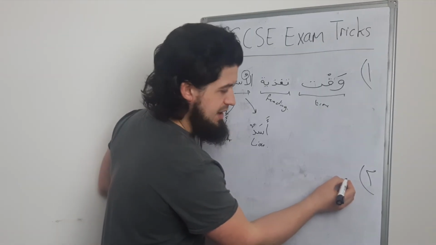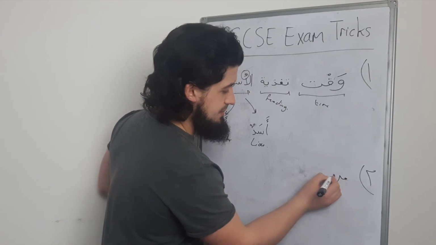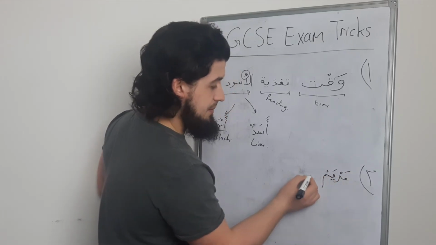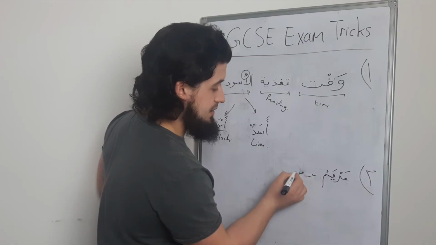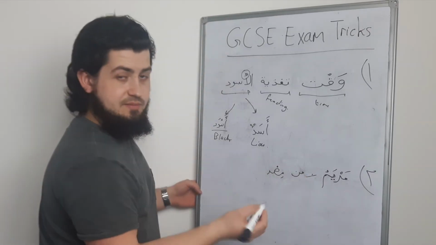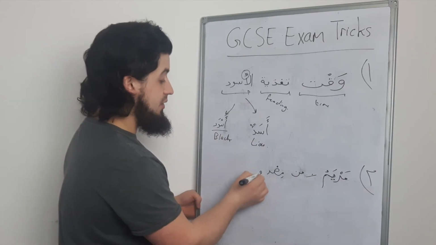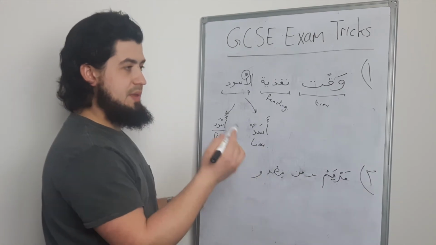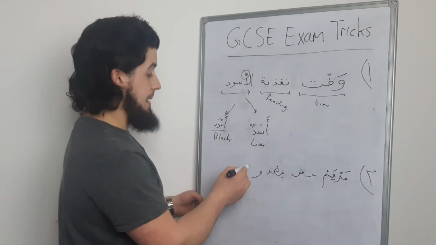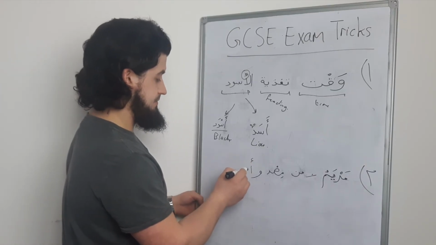Let's call her Maryam. I can't remember her name. Maryam something min Misr. Okay, from Egypt. Maryam something from Egypt, from Misr. And then the other one, I can't remember the exact name. Let's call her Amira.